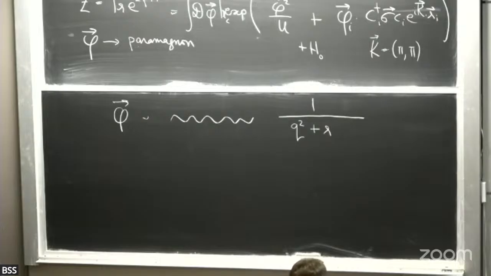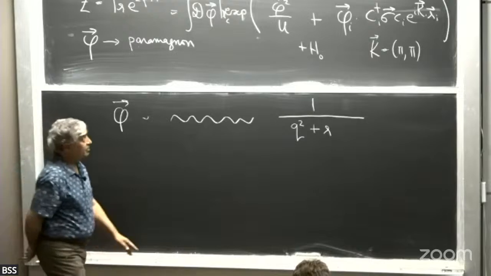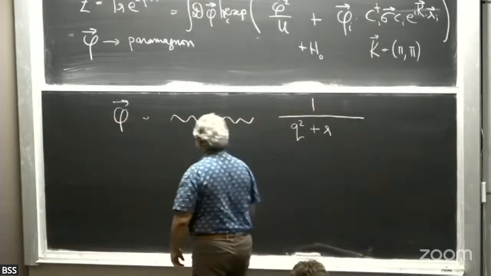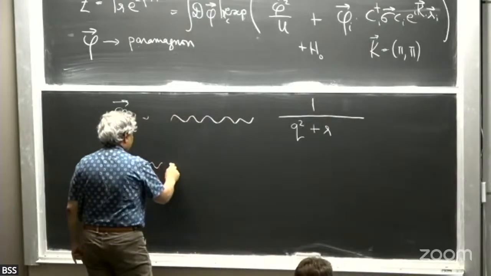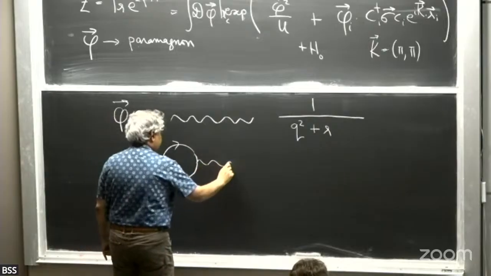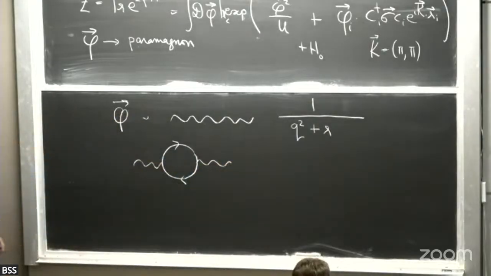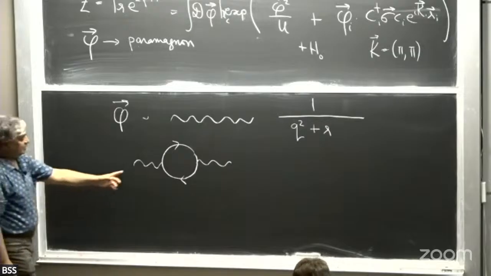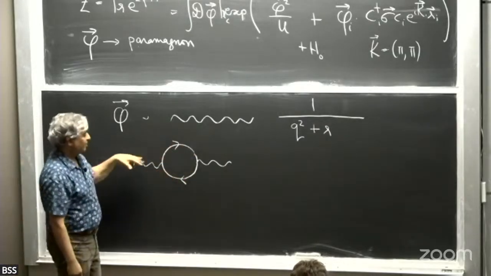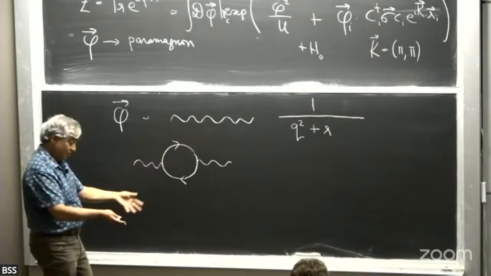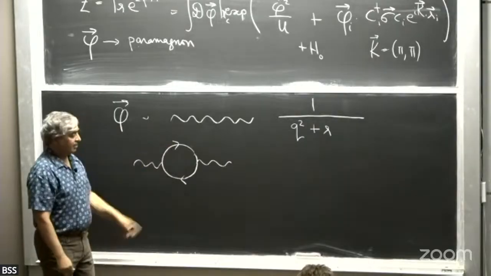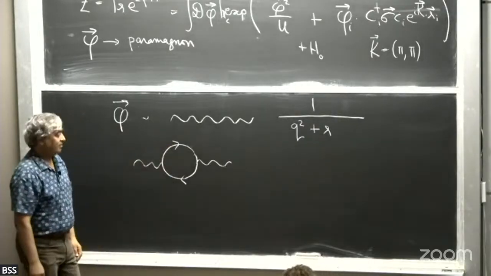But there's also what's called Landau damping. So what happens is that this paramagnon field, because of that coupling, can emit a particle-hole pair. So this, at the Fermi surface here, gives you dissipation. So this paramagnon is not really an oscillator, it's like an overdamped oscillator, but it's going to decay into pairs of particles and holes around the Fermi surface.